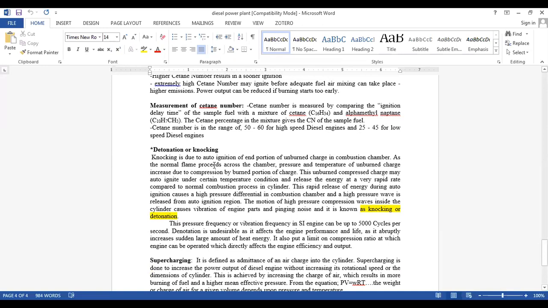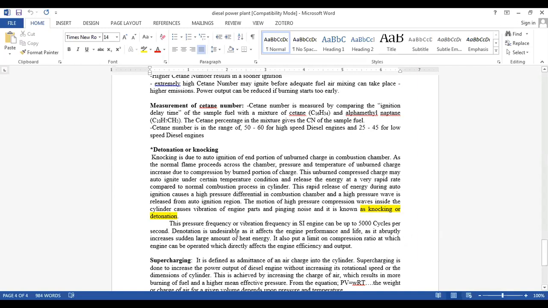As the normal flame proceeds across the chamber, the pressure and temperature of the unburned charge increase due to the compression by the burned portion of the charge. This unburned compressed charge may auto-ignite under certain temperature conditions and release energy at a very rapid rate. So this is about knocking, which is also called detonation.